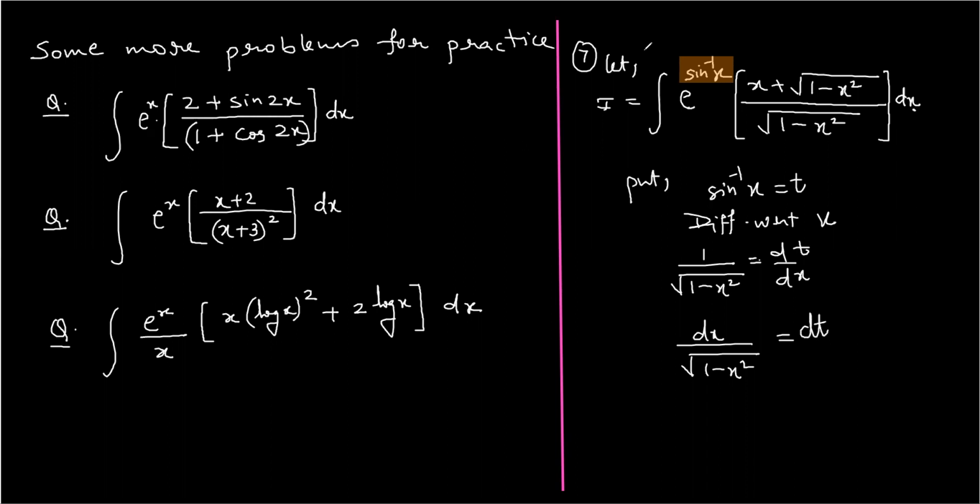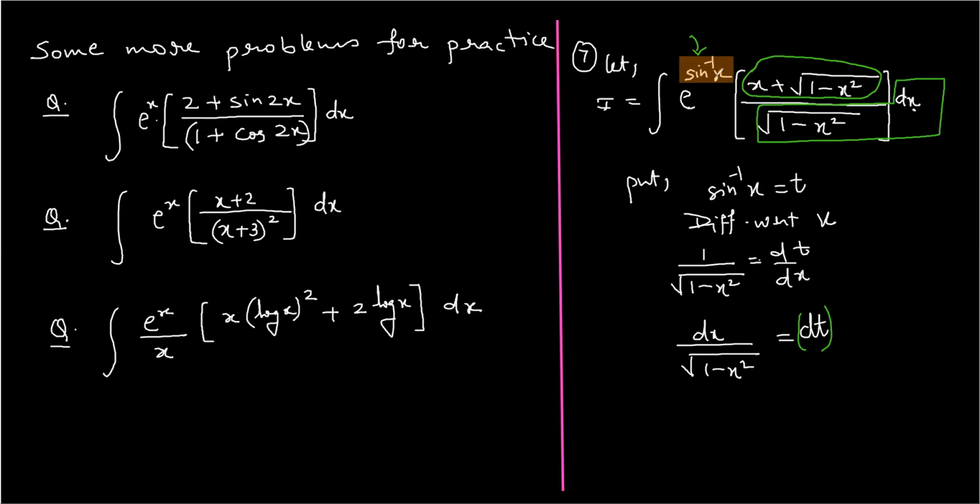Now because of this, what will happen, students? See, now here you can check that this part, dx upon square root of 1 minus x square, this whole thing I will be writing as dt. And this I will write t. But still this part is left which needs to be converted into t.